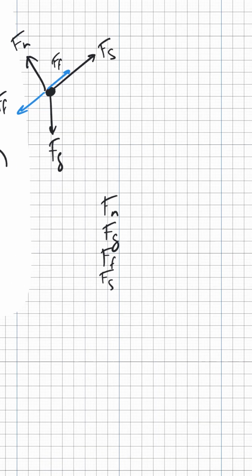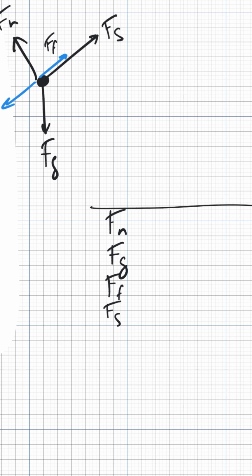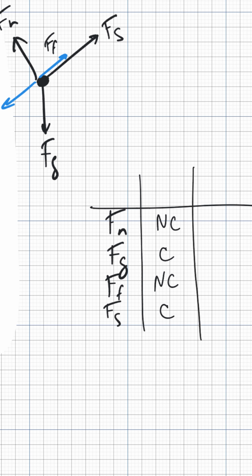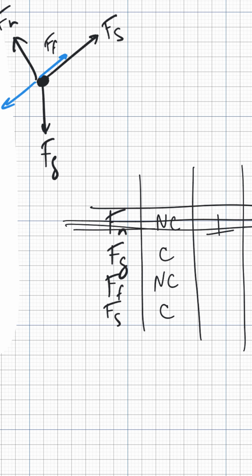And I want to think about the work that each of these is doing. Okay, the normal force is non-conserved, gravitational force is conserved, the friction is non-conserved, and the spring is conserved. Okay, cool. So the normal force, however, is perpendicular to the motion, so the work due to the normal is 0. So we are going to ignore that entire row. Get out of here, punk.